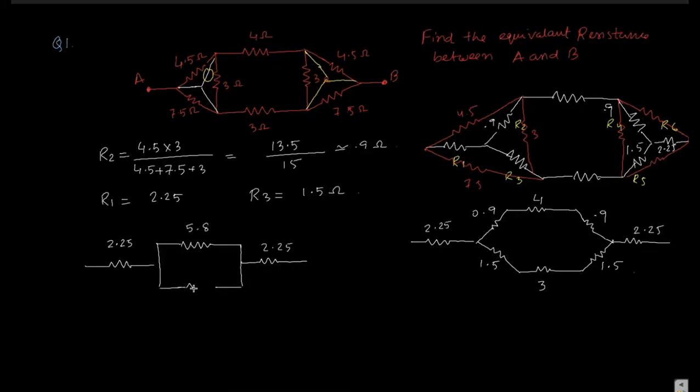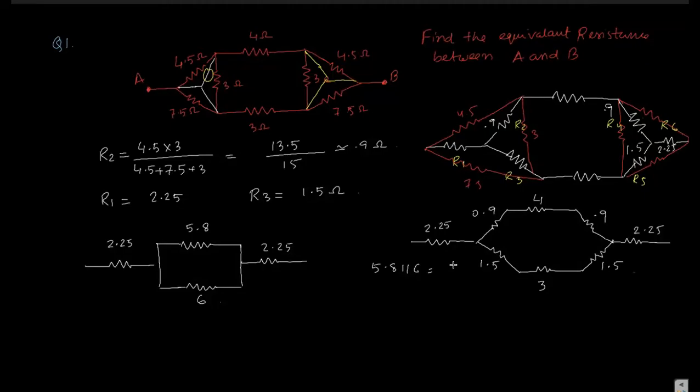And it becomes how much? 3 plus 3, 6. Okay, so now 5.8 and 6 are in parallel. Calculate it. 5.8 parallel 6. What is the value?